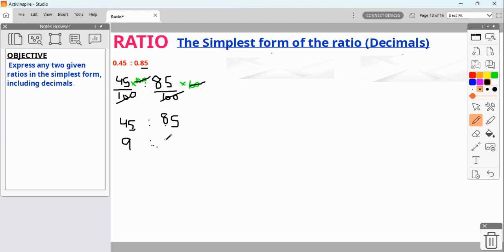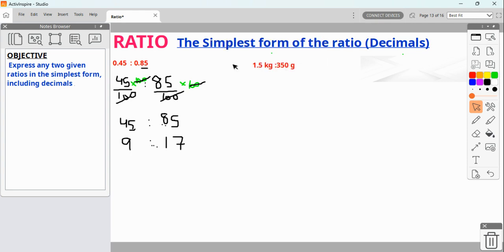First of all, we take 5 times 1 is 5, and 3 will transfer to the next, so it will become 35. 5 times 7 is 35. So we got 9 ratio 17. Both are not divisible by the same number, 9 and 17. So our answer is 9 ratio 17 because now the highest common factor is 1 only.